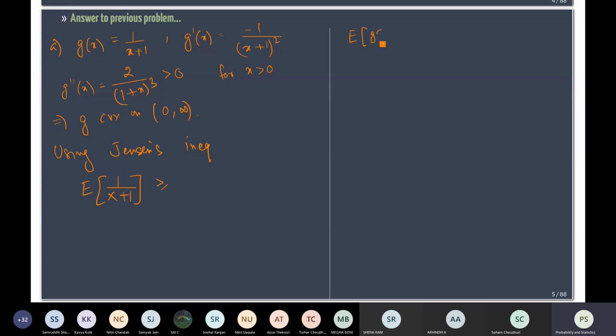So it's like expectation of g of x, the average of the curve value, is greater than or equal to g of the average of the points. Okay, so this was Jensen's inequality, right? So the expectation of g is greater than or equal to g of expectation of x, right?